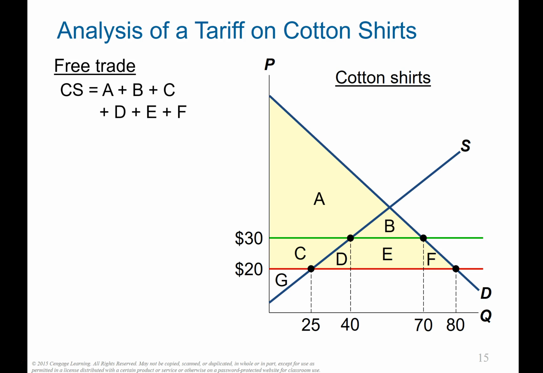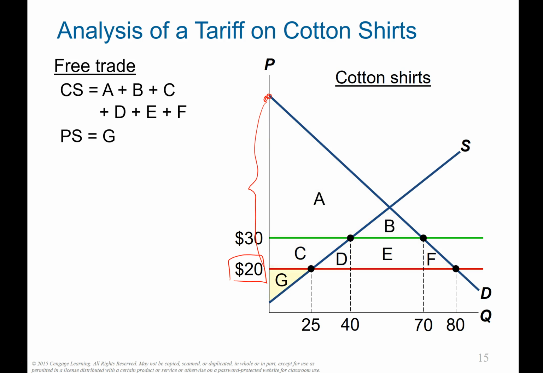So without any tariff, if we're trading at the world market price of $20 per shirt, then the total consumer surplus would be the difference between what people are actually paying and what they'd be willing to pay, indicated by the top of this demand curve. So here's that area. So it's going to be the entire area in yellow. All of that is going to be consumer surplus.